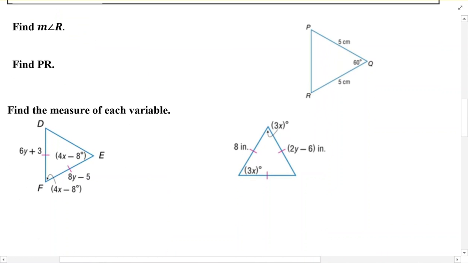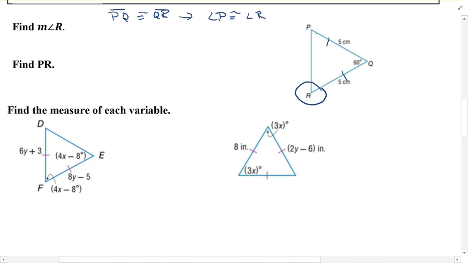So for the first problem in this picture, we want to find the measure of angle R. So we want to find this measure here. Since PQ is congruent to QR, we know it's isosceles. So that gives us that angle P has to be congruent to angle R. Well, since the first one's 60 degrees, we would have 120 degrees left.